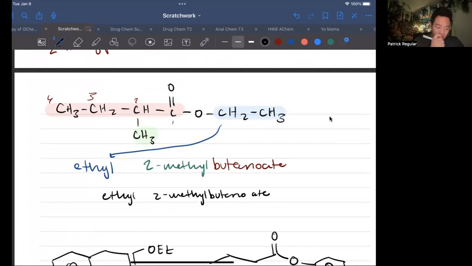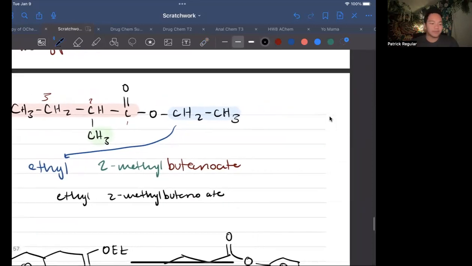Okay. So oate is your suffix for esters, kind of like the derived suffixes for carboxylates, which you'll learn if you don't know what it is. Butanoate, oate is the suffix.